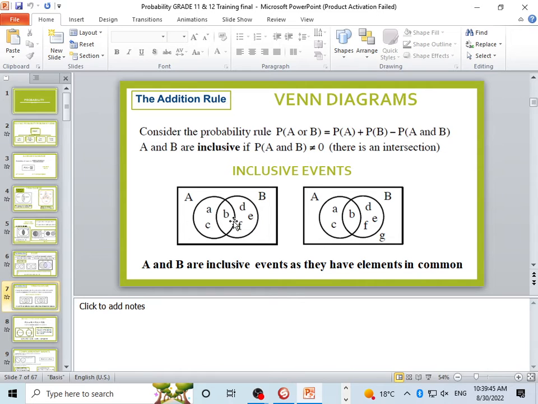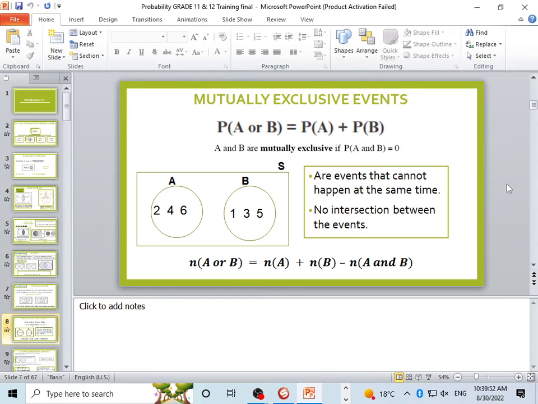So that means if there's a number in between that they share, there is an intersection. So you know that by now. Mutually exclusive is when they don't intersect. That's when the probability of A and B is equal to 0. It doesn't exist. You can only have maths or math lit.